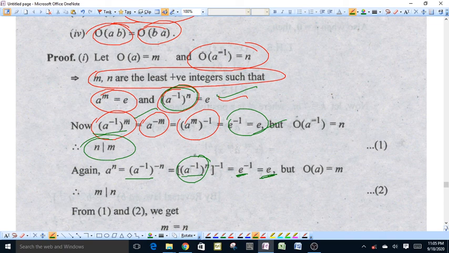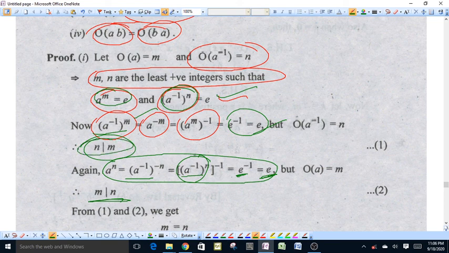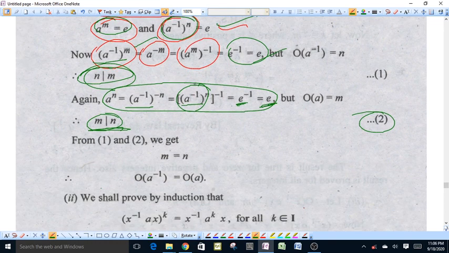Here we have proved that a raised to power n is equal to e, but order of a is equal to m. This means m divides n. In first equation n divides m, and in second equation we have proved that m divides n. From first and second we get m is equal to n. Therefore, order of a and a inverse are equal.